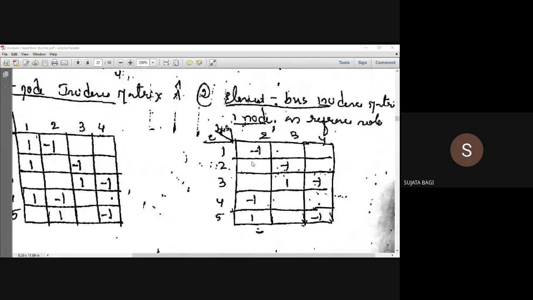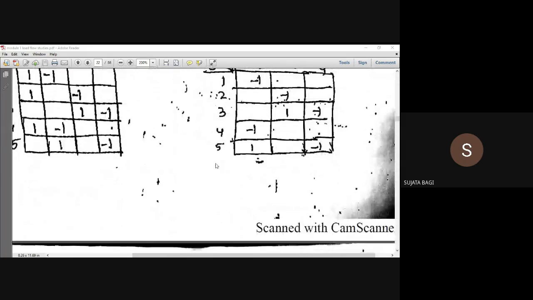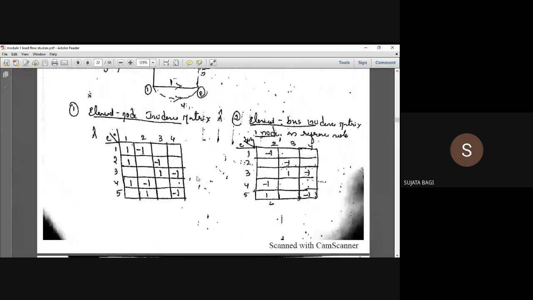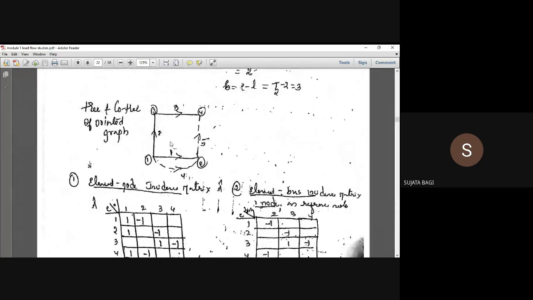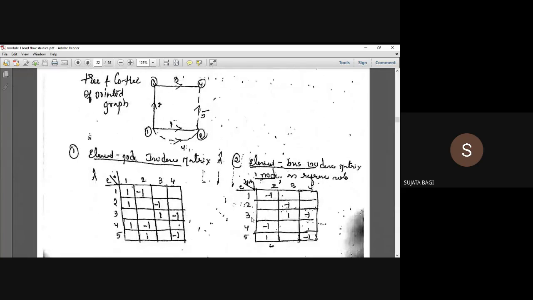So what have we discussed here? We have discussed the element to bus incidence matrix, how to form A cap and A from a particular oriented graph. With A cap and A, we'll go for derivations for singular transformations, like Y bus equals A transpose Y A, because A is very much needed there.